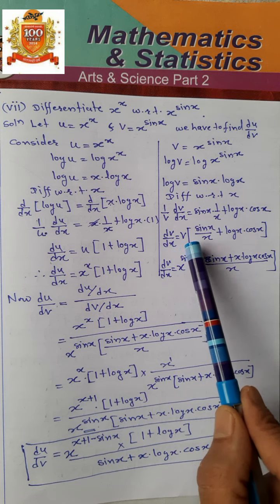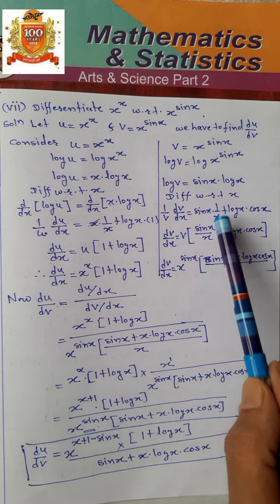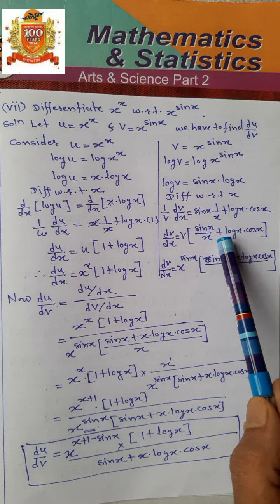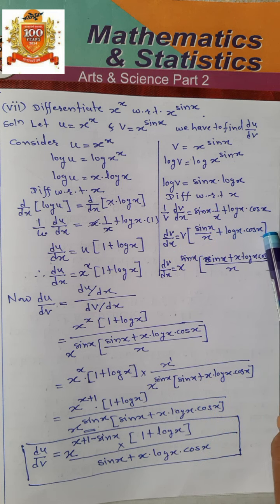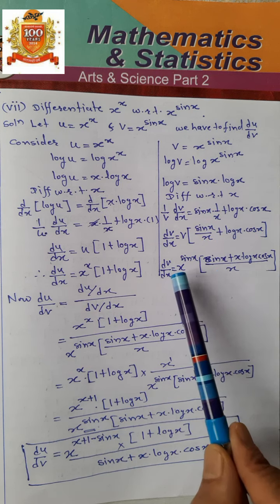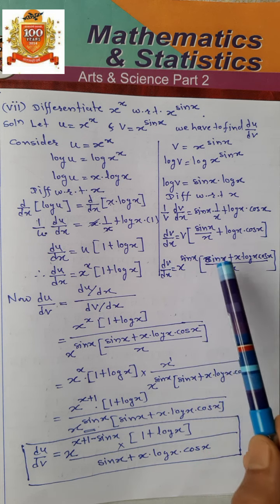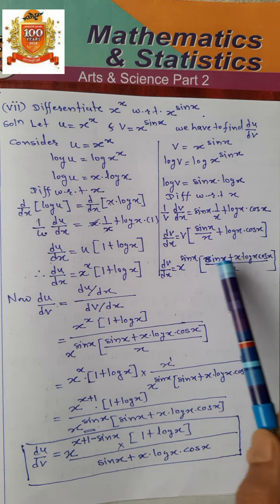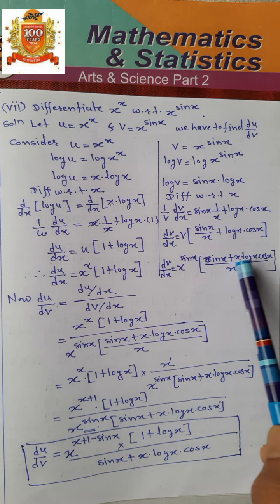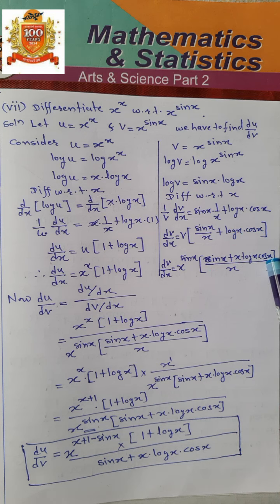Therefore, dv by dx is equal to v in bracket sin x upon x plus log of x into cos x.